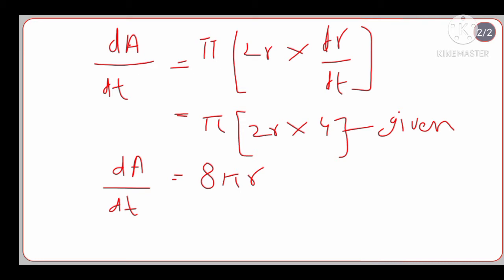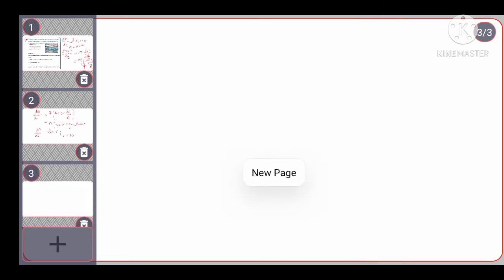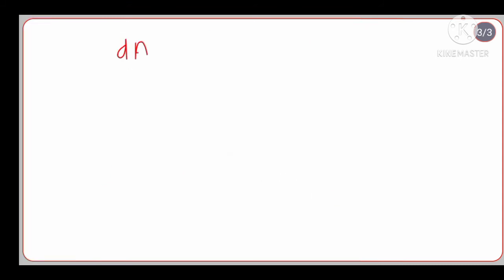But now we have to find this value at r equals 10. Where do we have to find this value? At r equals 10. So simply, what value of r do we have to put? Now we have to put 10. So dA by dt equals 8 pi into 10.